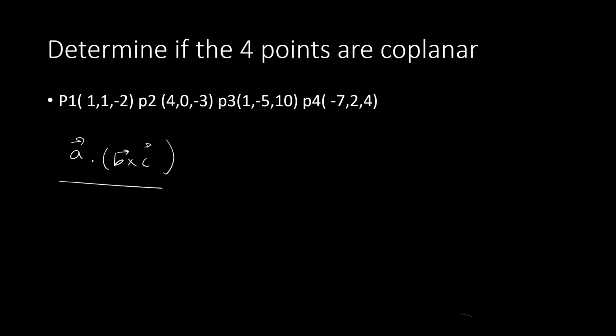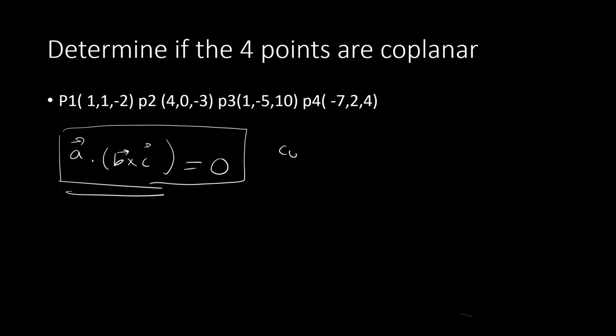If this leads to 0, it indicates that the points are coplanar. You just need to find that, and geometrically this formula is the same as finding the determinant of a 3 by 3 matrix.